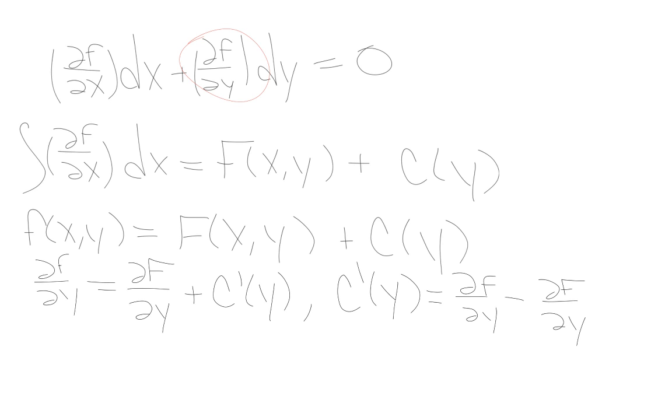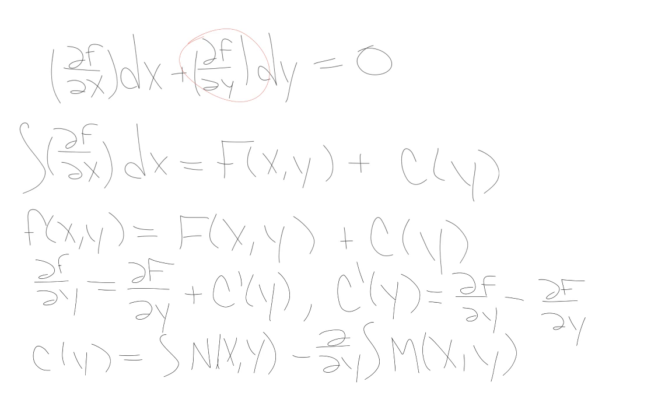And so upon integrating both sides, I get that c of y equals the integral of partial f with respect to y, which I'm going to write as n of x, y, minus the partial derivative with respect to y of, well, minus our partial big F with respect to y, which was this right here.